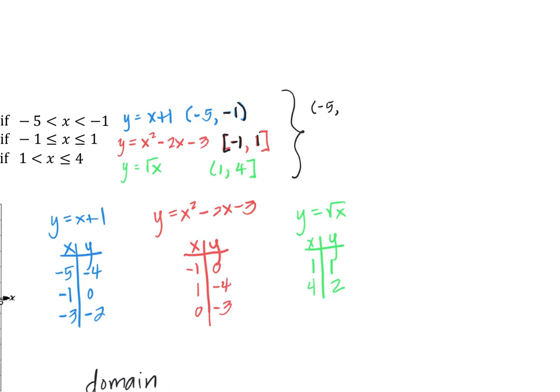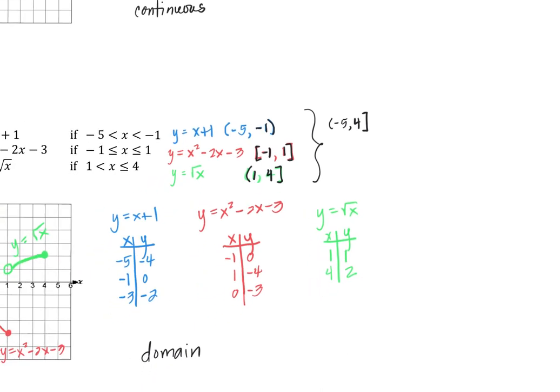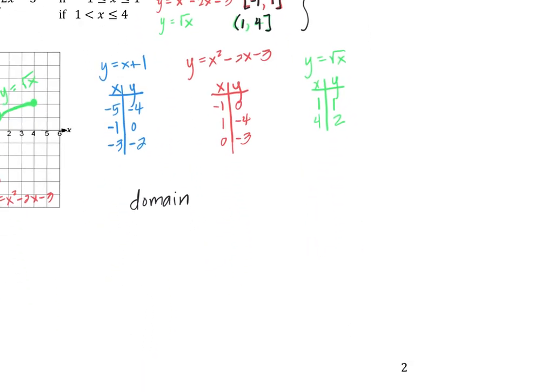Then we go to 1, inclusive. We start at 1, and then we go to 4, and we're including 4. And then I'm done. The domain is negative 5 to positive 4, and we don't include the negative 5, so parentheses, but we include the 4, so that would be a bracket.